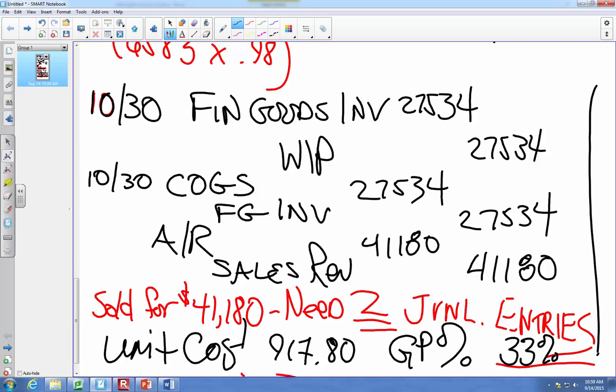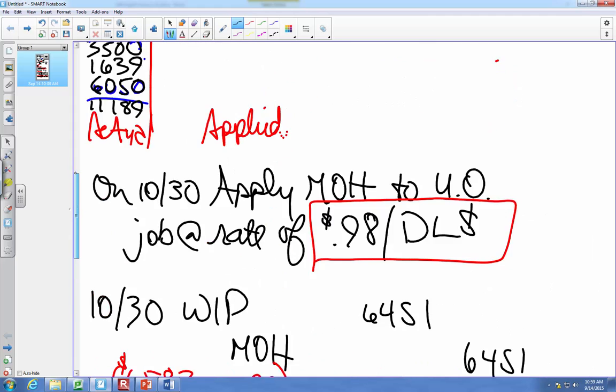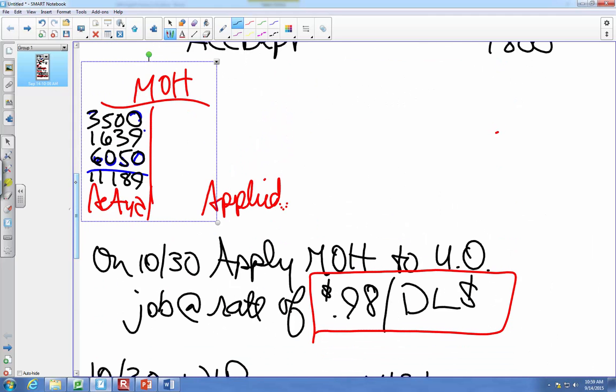The last thing I need to do, and you guys can go back and listen to this, I'm going to post it, is I got to close out my manufacturing overhead account. What's my credit in here for the applied? How much was it? $64.51.